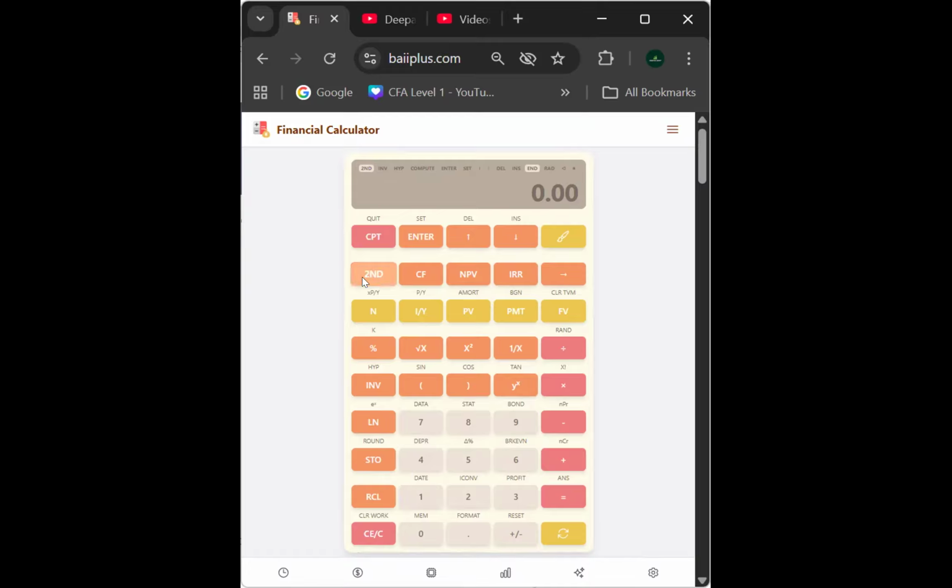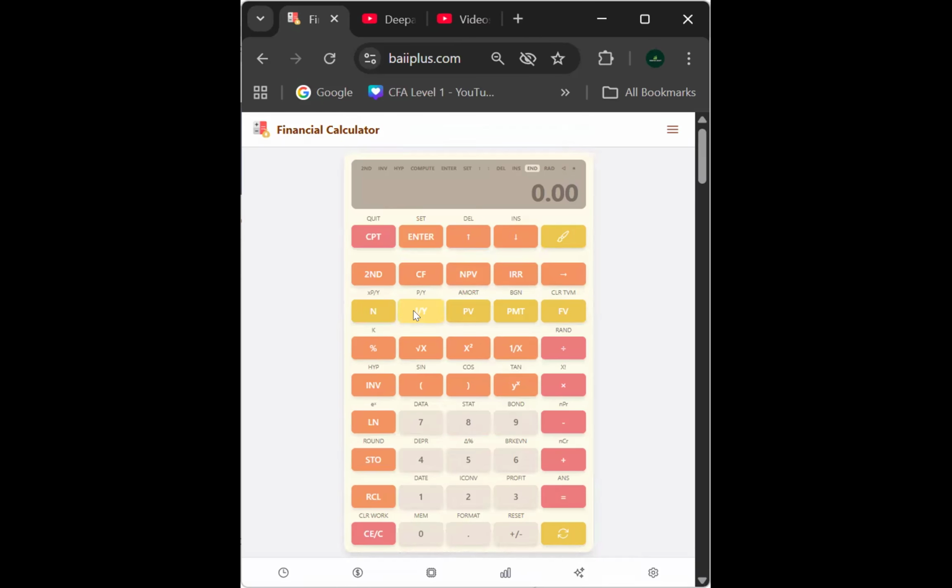So I will press second and clear work, and this way every other calculation which I have previously performed gets cleared. This refresh function is not available in your calculator; it's just because it's an online calculator, so it refreshes everything.